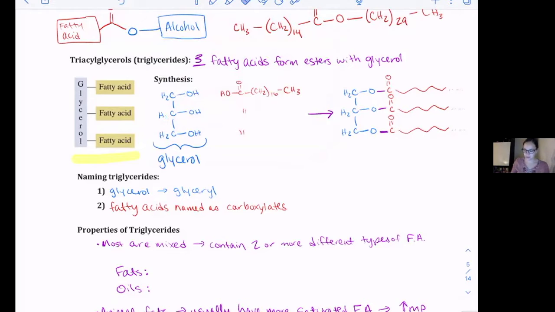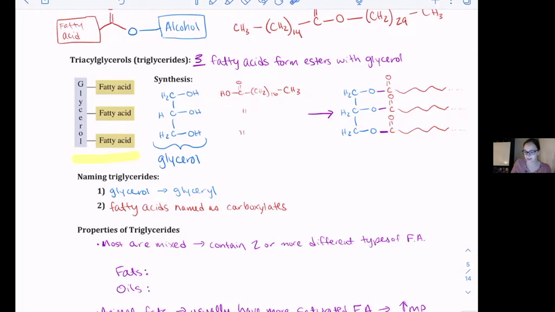It has three carbons. The middle one just has a CH. And on each carbon there is one alcohol. It's just called glycerol.